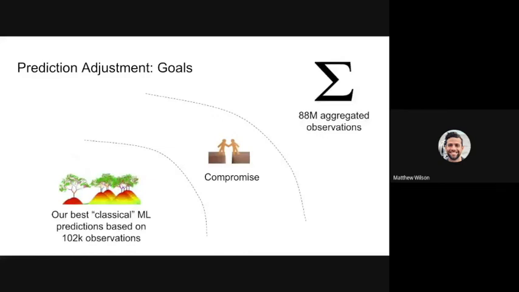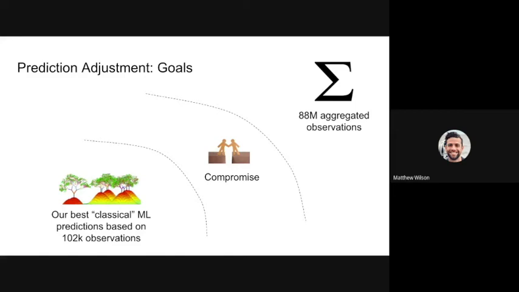So here are those two goals pictorially. On the bottom left, we have our best classical machine learning predictions. Those are based on 102,000 granular observations. And then in the upper right, we have our aggregated data. It's based on something like 88 million aggregated observations. But we generally found the aggregate data a little more difficult to use than the granular data.